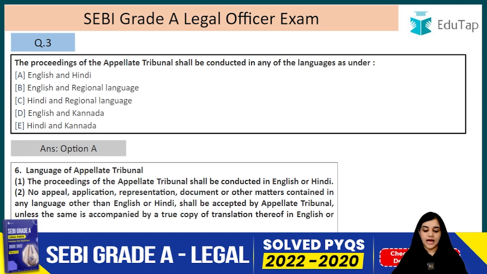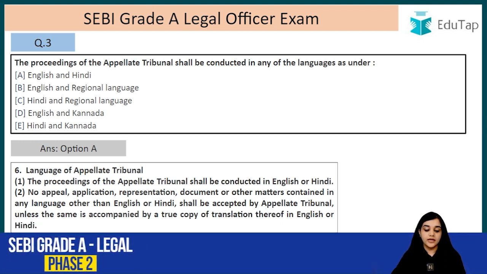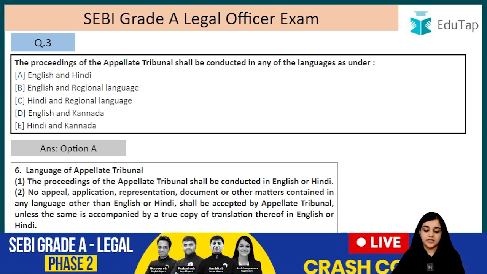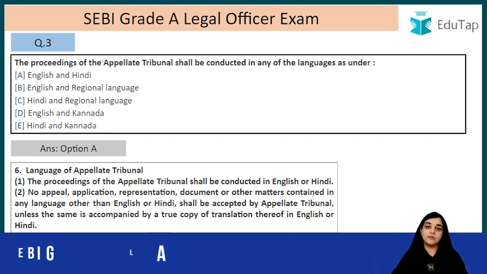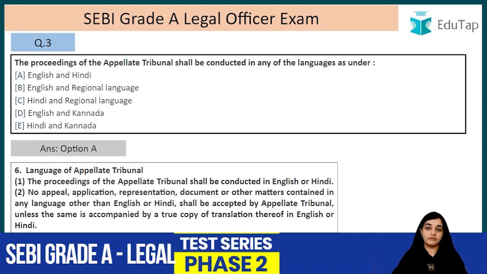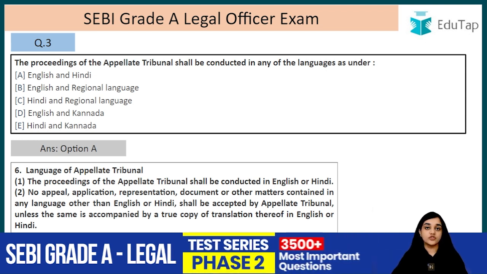No appeal, application, representation, document or any other matter contained in any language other than English and Hindi shall be accepted by the SAT unless the same is accompanied by a true copy of translation thereof in English or Hindi. So if any application, representation or document has to be filed which is in any other language, in that case a true copy of translation into English or Hindi has to accompany it. Otherwise it will not be accepted by the SAT, right?